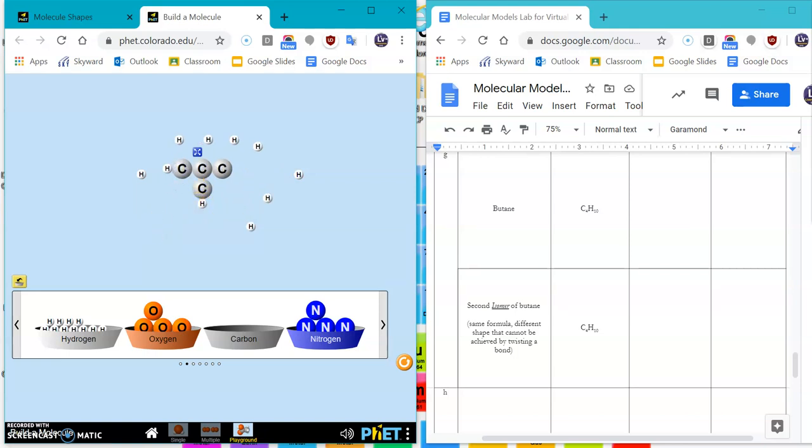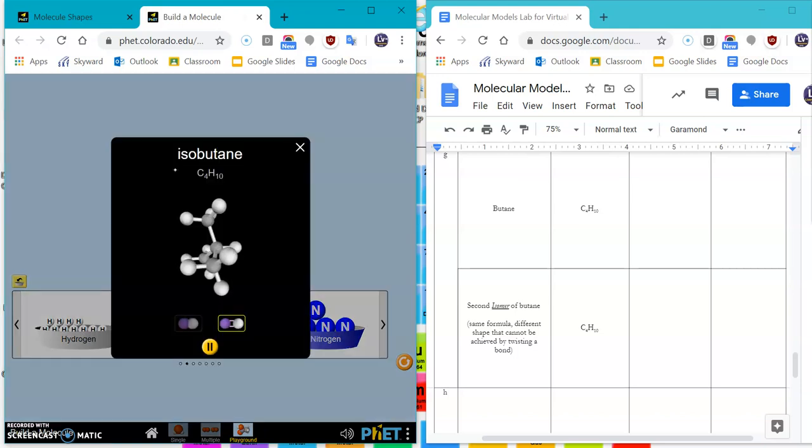Aha. And then start filling in your hydrogens. It's the same number, just in a different orientation. Isobutane. And you can see how this one has this central carbon and it has everybody else on the other side.